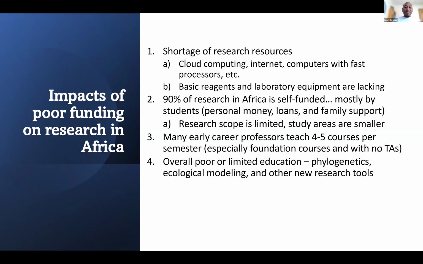And in a lot of areas where cutting edge research is being done in the global north, those opportunities are yet to reach the African continent, in areas like evolutionary biology, phylogenetics, and many other new research tools.